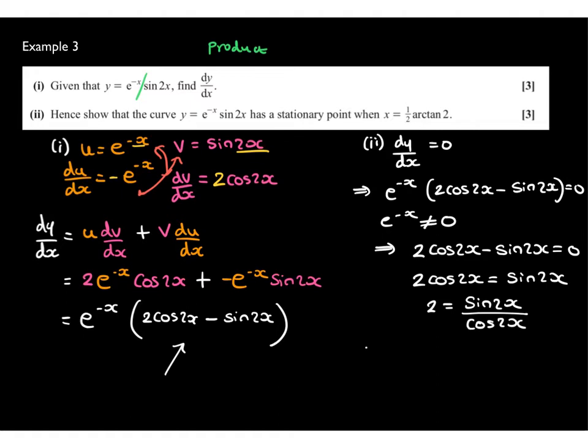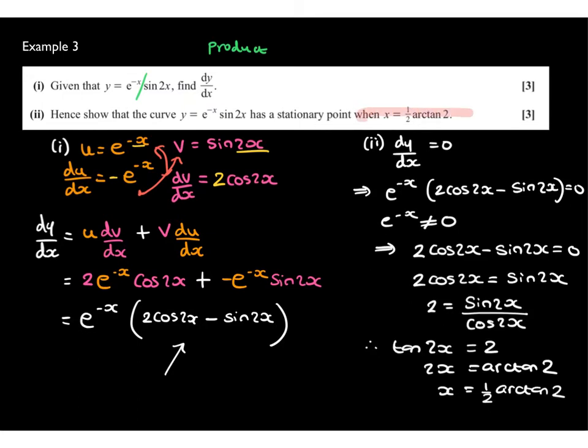And of course, I can use an identity to tell me that means tan 2x is equal to 2. 2x is then equal to arctan of 2, and x is equal to a half arctan of 2, which is what we were required to find in the question.